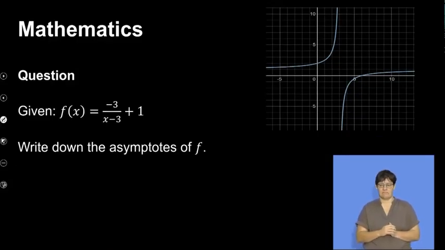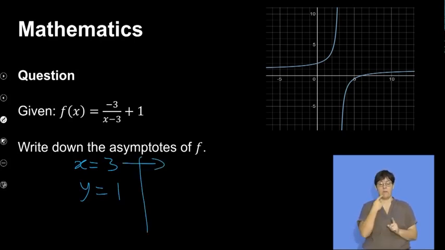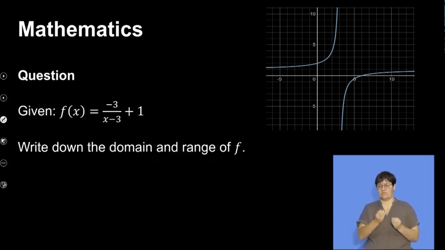Now write down the asymptotes of f. To write down the asymptotes of f, it will be x equals positive 3 and y equals 1. And remember, where I get the positive 3, it's x minus 3 equals 0, and then you solve for x, which gives me a positive 3.